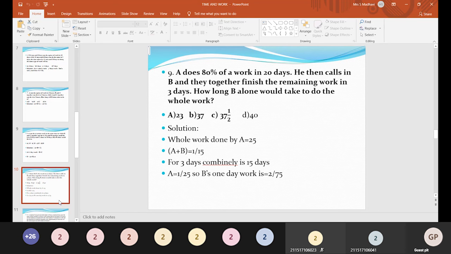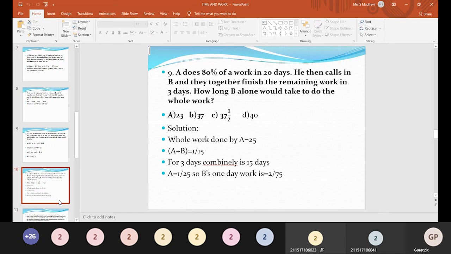Now here the remaining 20% means he then calls in B and they together finish the remaining work in 3 days. So 1 minus 4 by 5, we get 1 by 5 work is done by A and B in 3 days.